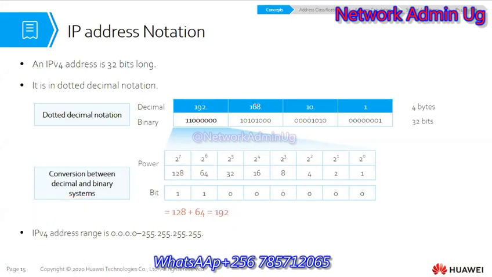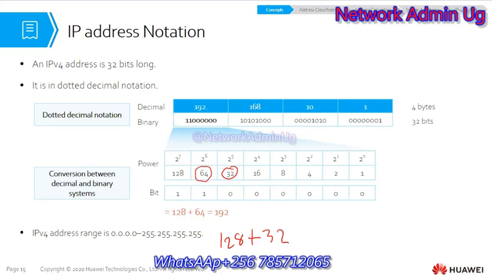For example, if I want 168, 168 is greater than 128. So for me to get 168, I need to have 128 turned on. When I subtract 168 minus 128, I'm left with 40. 40 is much less than 64, so I skip it. But 40 is slightly greater than 32, so I turn on 32.